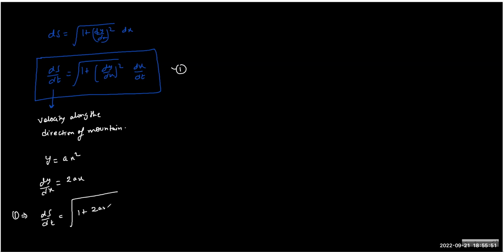Square root of 1 plus (2ax) whole square, into dx by dt. So finally, the speed of the biker is this. So it depends on where you are.